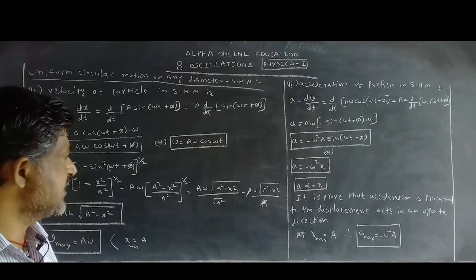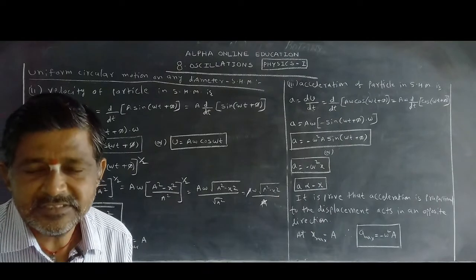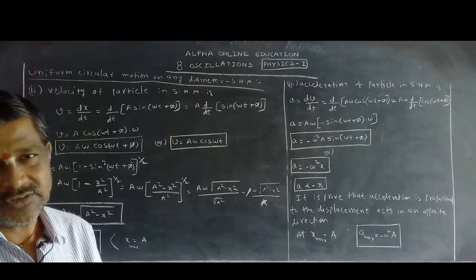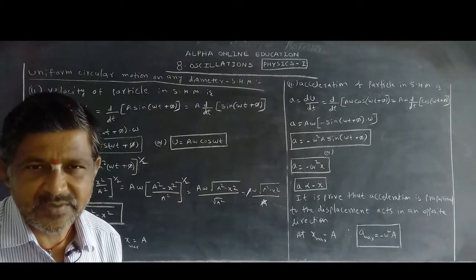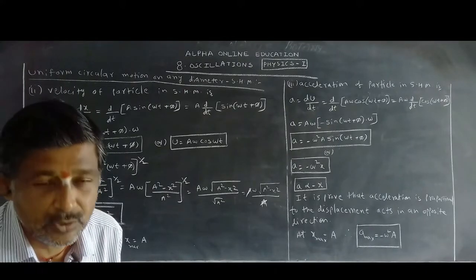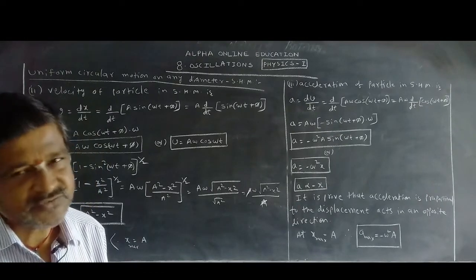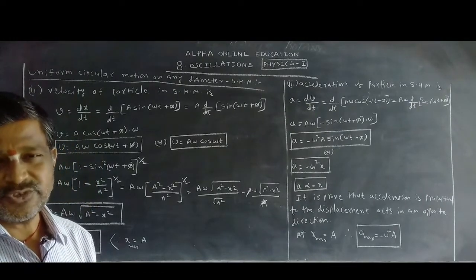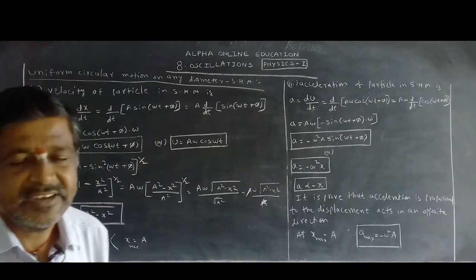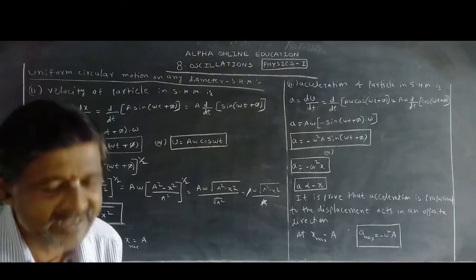Okay, now what is the acceleration equation? Generally, how can we get it in the derivation form? a is equal to minus omega square A sin(omega t plus phi). By the substitution of displacement we get the acceleration: a is equal to minus omega square x.